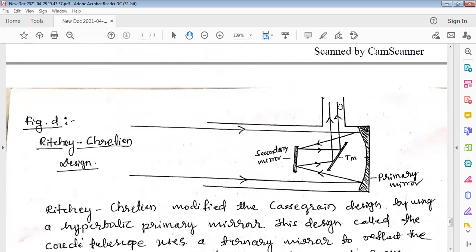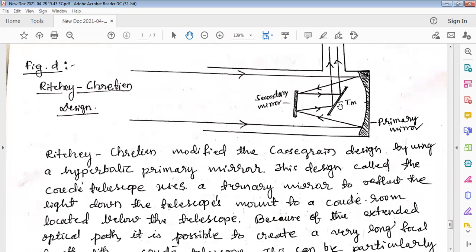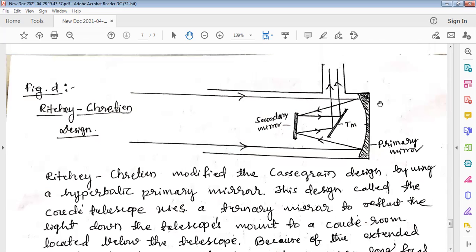And again, this is modified by another scientist, called the Ritchey-Chrétien design. In this design, you can see one secondary mirror is placed here, and one more mirror called the tertiary mirror is placed here.